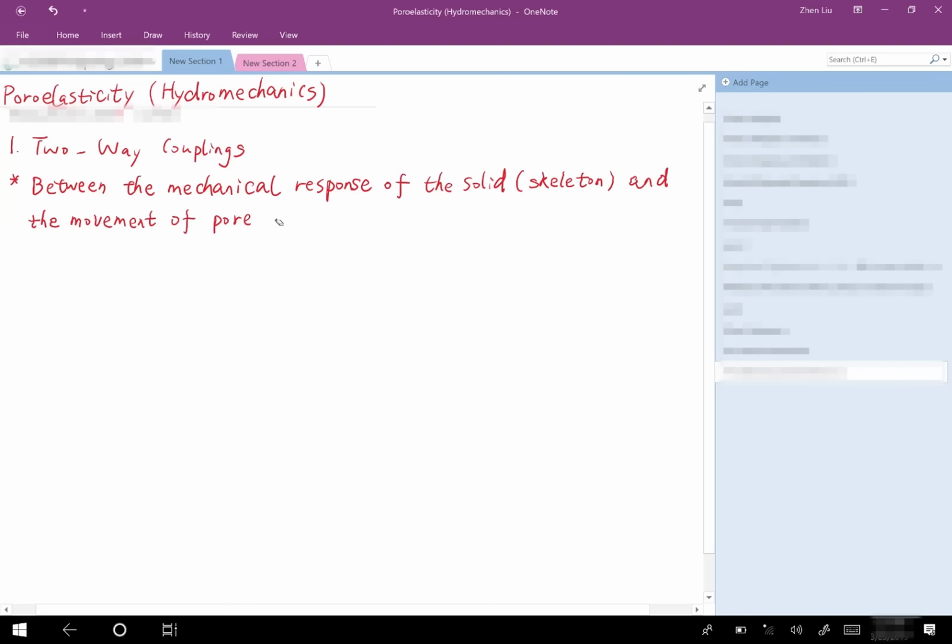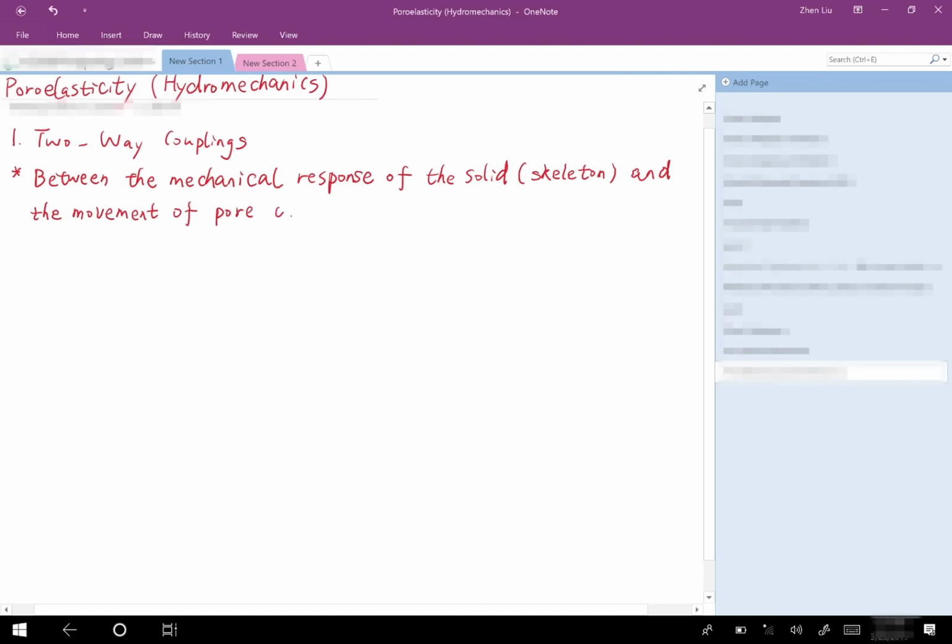So we learned both of them, both parts. And here you can see that we only have solid skeleton and pore water. That means for the porous materials, now it's saturated.